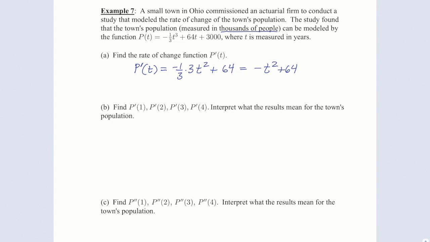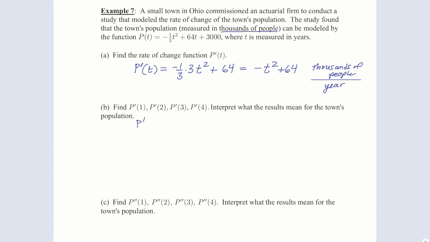And this would be thousands of people as the label per whatever the time interval was, per year. Because p is measured in thousands and t is measured in years. So when we do the rate of change, we'd have the change in thousands of people per year.